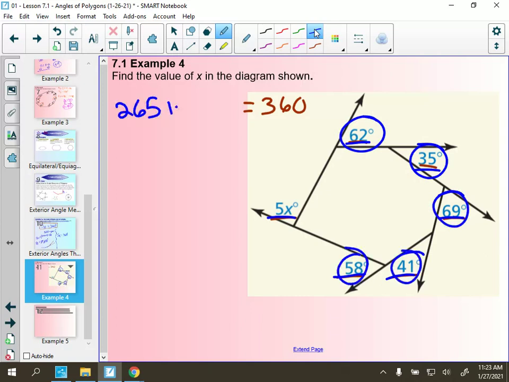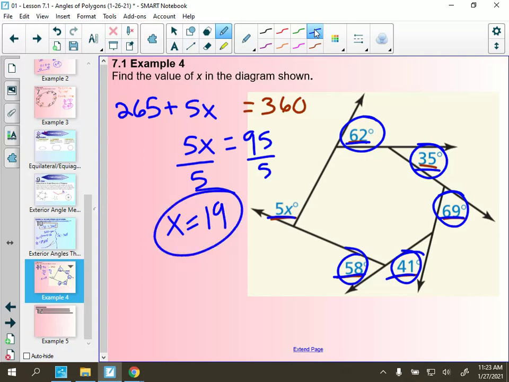But when I add that with my 5x, we need to get to 360. So a quick 360 minus 265. So 5x has to be equal to 95. We'll divide both sides by 5 to get x equals 19. And I think we're okay. We could double check it, but I'm pretty confident that we didn't make a mistake there. X would equal 19.